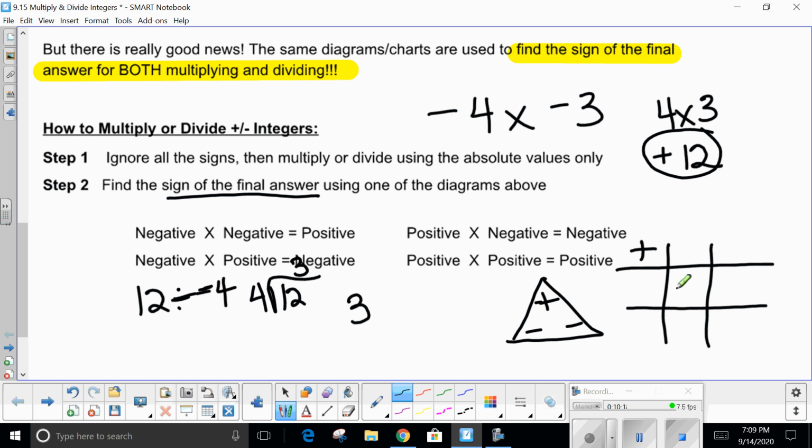So this is plus, this is plus, this is plus, everything else is minus. So over here, we have a positive 12 divided by a negative 4. So we have a positive divided by a negative. That means my answer has to be negative.